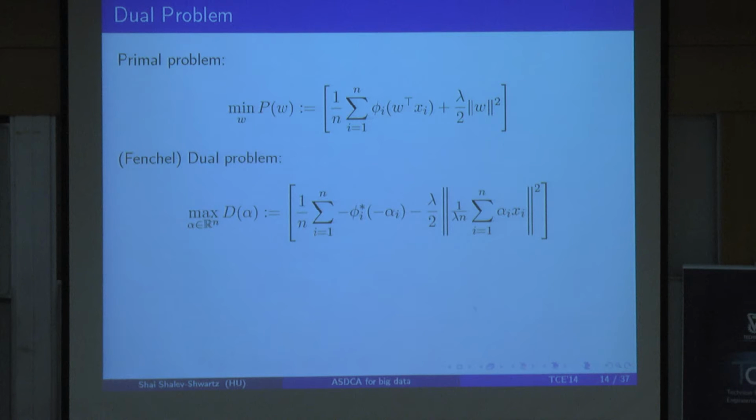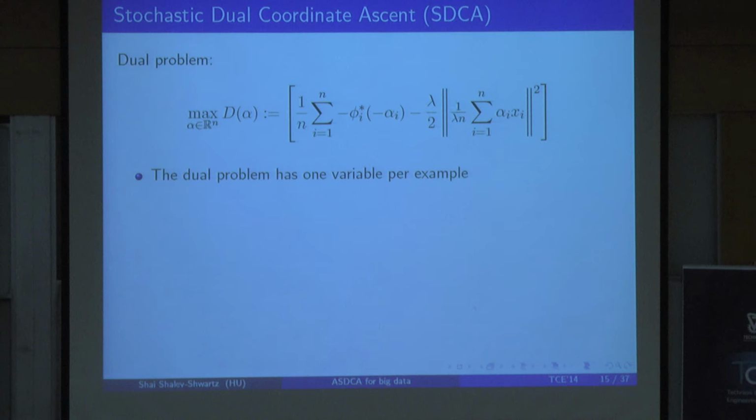What's nice about the dual problem is that we have decomposability of the dual problem per variable. If you look at the average of phi star i over minus alpha i, you see that each dual function, phi star i, works only on a single dual variable.